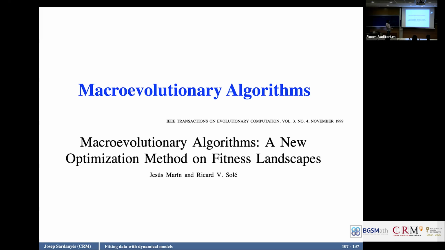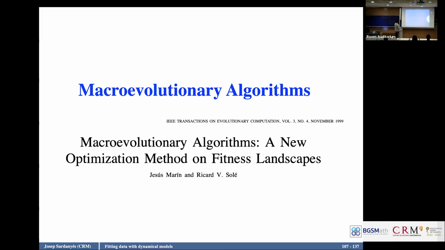This is the article that I was explaining to you. So this method was conceived by Jesus Marina and Ricard Soler. Ricard Soler was my PhD supervisor. This was in 1999, so I did my PhD later.